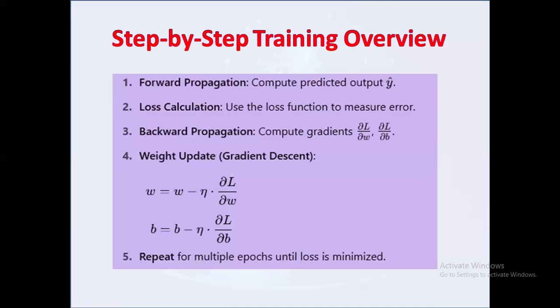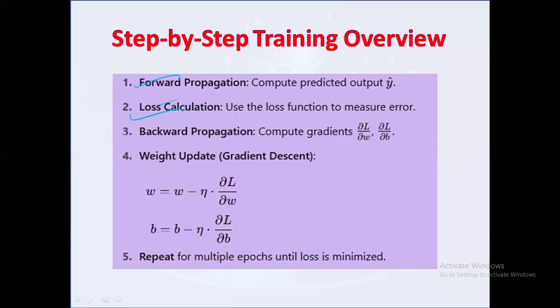Next, the step-by-step overview of the training. The neural network training involves several key steps. In forward propagation, the model computes the predicted output, that is y cap, by applying activation functions to the weighted sum of inputs. Then the loss function calculates the error between predicted and actual outputs.